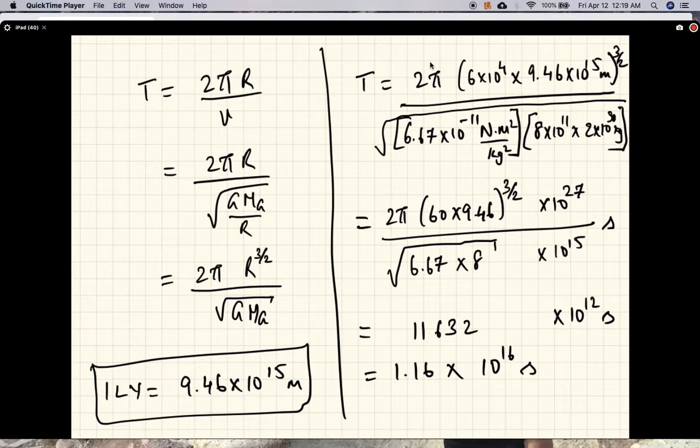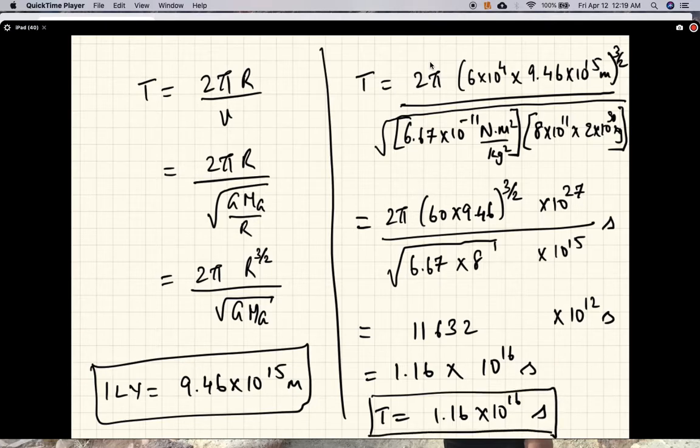Okay, so that's the orbital period of the star. That's how long it takes to go around the galaxy once. Now we will calculate this in years and see if this number makes sense.